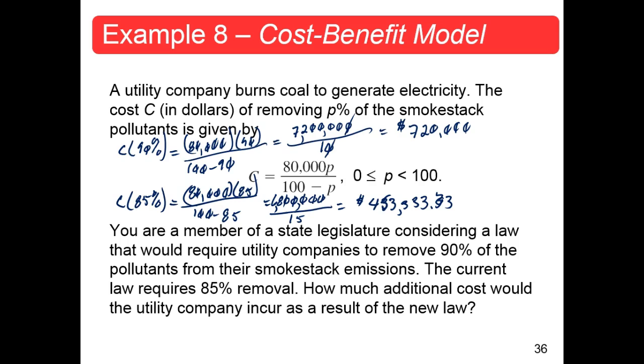Yeah, they did it just like we did. And the new law would require the utility company to spend an additional 266,000. So I was a little off. Yeah, I said almost twice. It's not quite. Half as much again, approximately. $266,667. Okay.